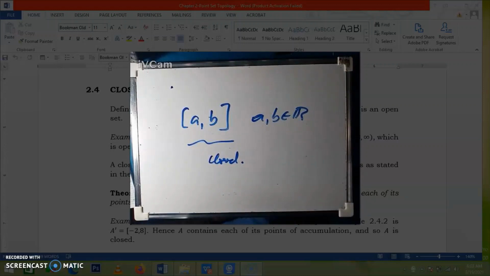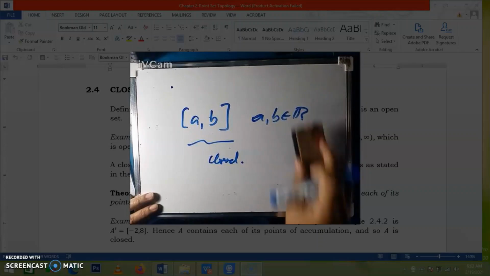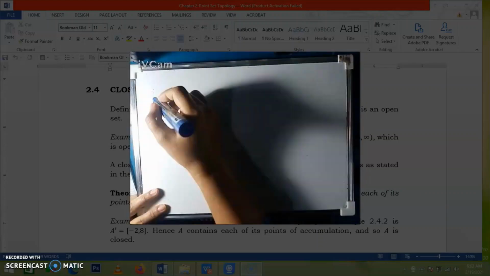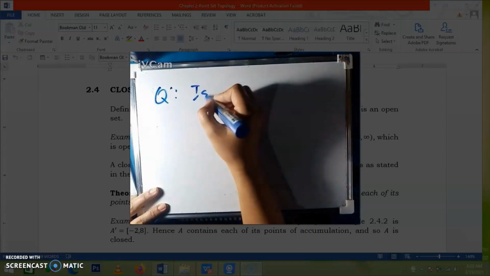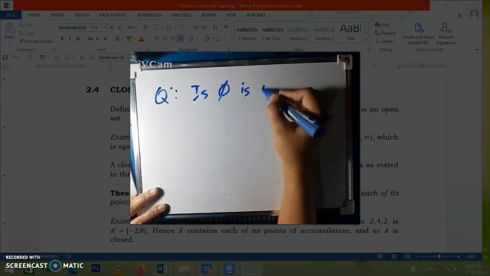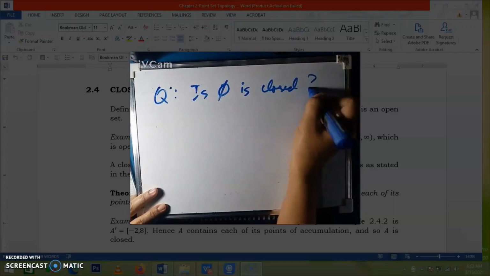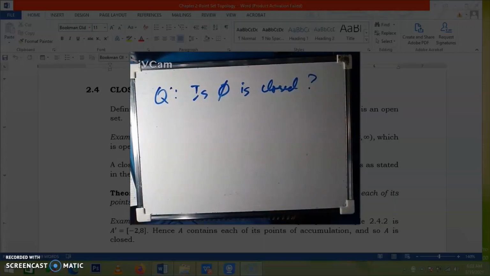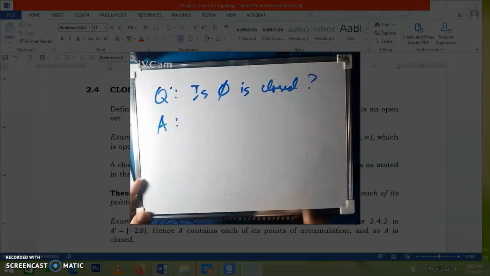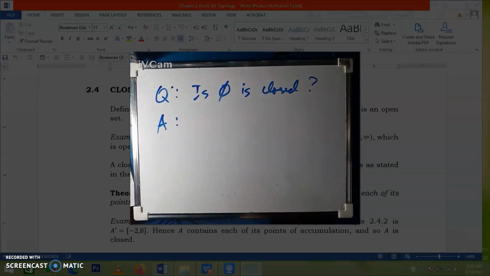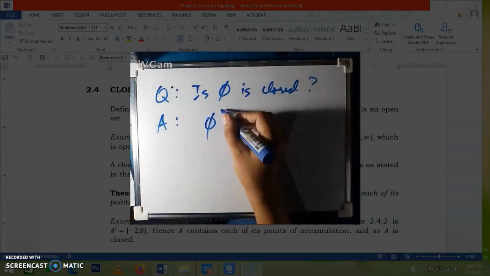Now, we have a question. Is an empty set closed? Okay, let's try to answer this one. First, we will get its complement.